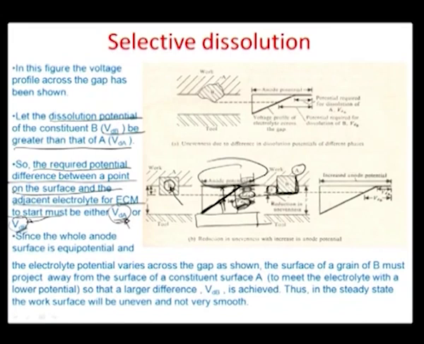So, if there is a close grain of B and A kept in unison, as almost always happens in alloyed states, A would dissolve more towards the surface, and B will only start dissolving when it reaches that potential front. So, there is a selective dissolution of A with respect to B, unless and until B projects into the solution at the potential front, where available VdB would be able to dissolve away the B. So, it is an auto roughening effect which is happening in this process because of the differential of potential between the two phases.